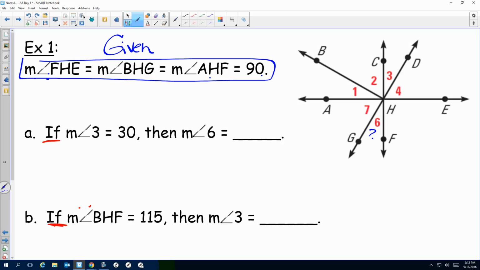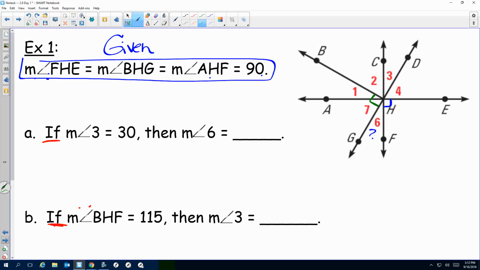So I'm going to do each one. Here is my FHE. I'm going to put a box to show that that's perpendicular. That's 90 degrees. My BHG is right here. So do you see now that BHG has a pair of complementary angles? Which angles are complementary? Give me the numbers.